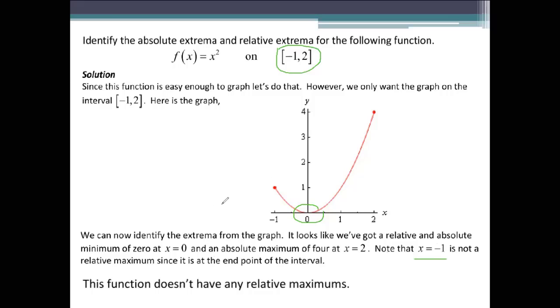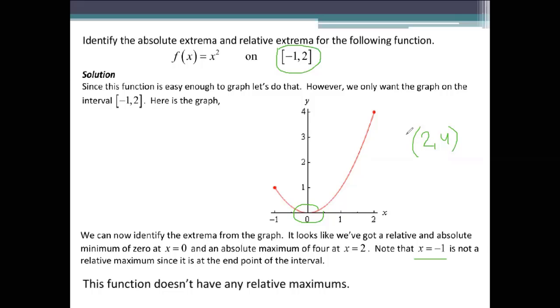So this function doesn't have any relative maximums, but the absolute maximum is at the point 2, 4, sorry, absolute maximum.